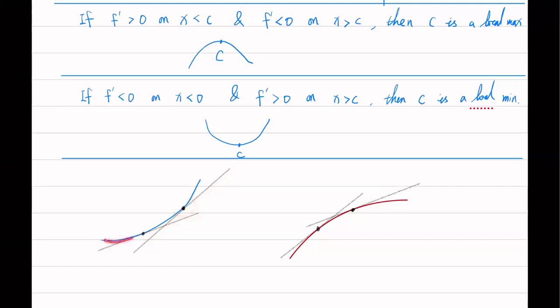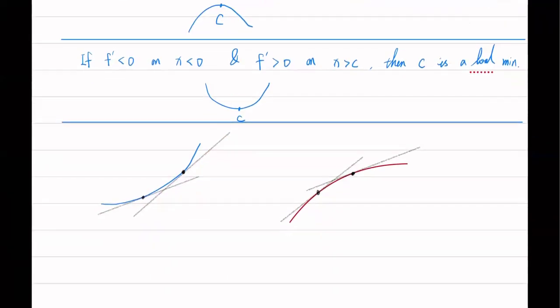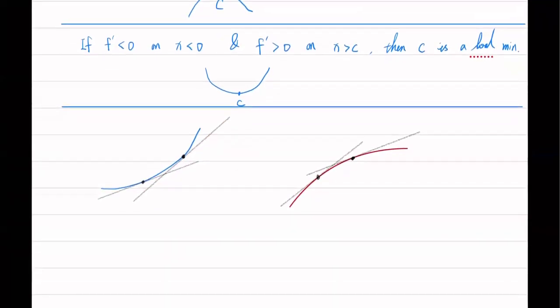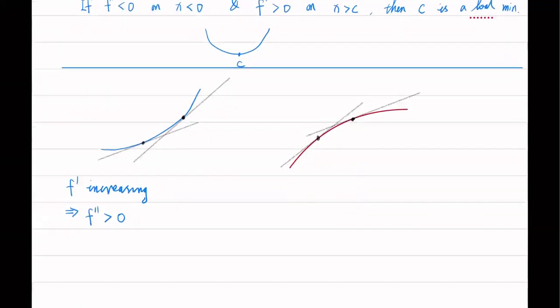What can I say about the second derivative? Okay, this implies, so in this case, we give it a name. In the book, it's called concave upward.